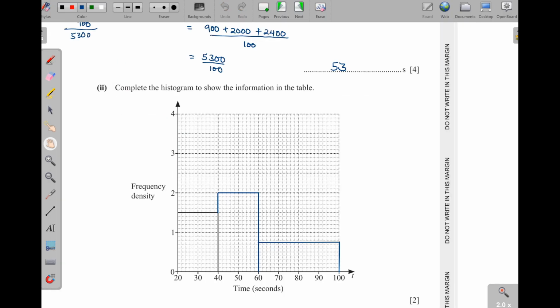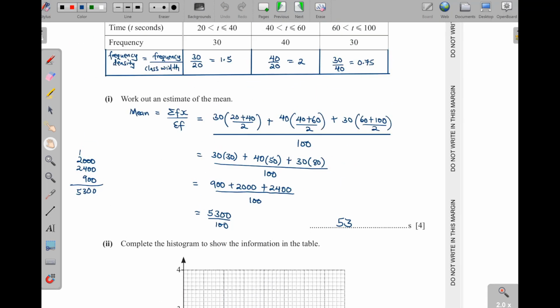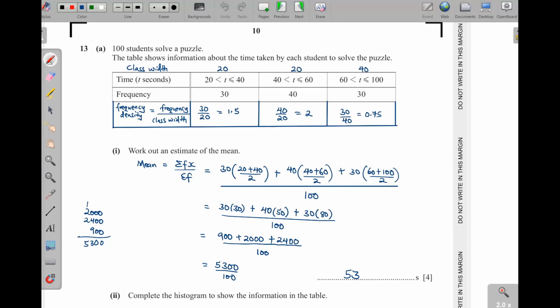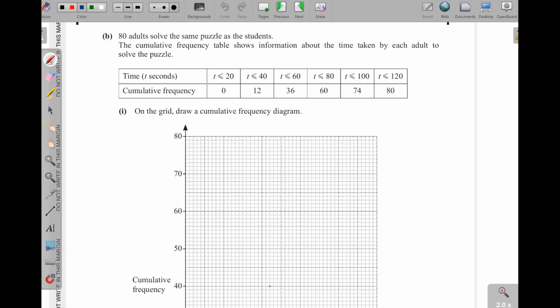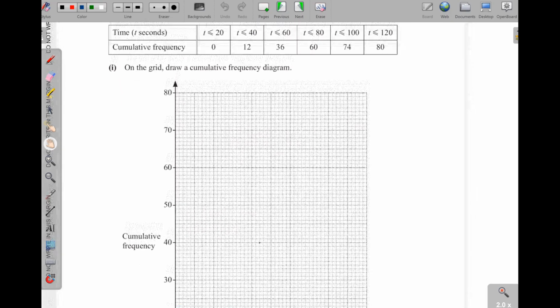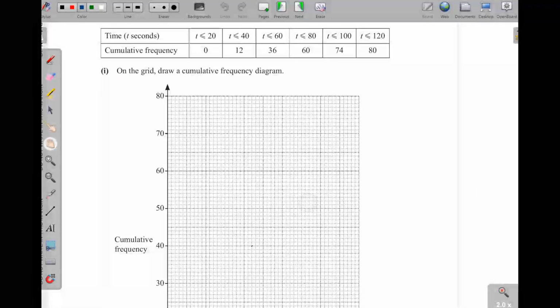If we were given, for example, what we are having here, then this would be the first cumulative frequency. The second one would be 40 plus 30, because cumulative means we add, okay? But here everything has already been added for us.